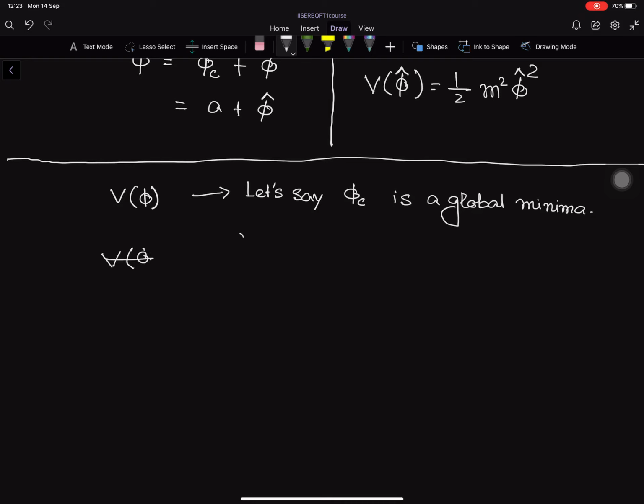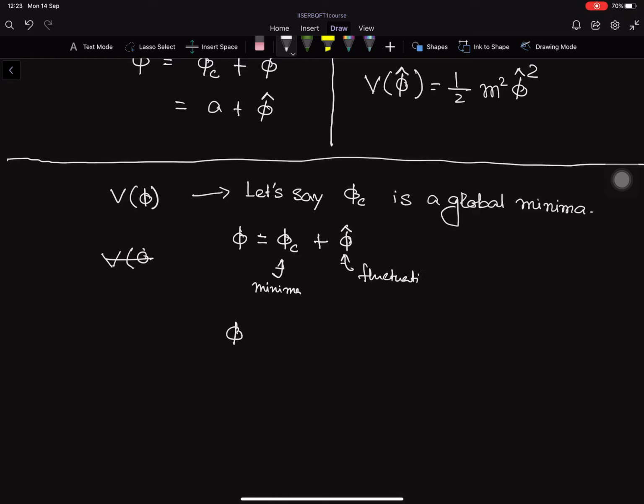So we write phi is equal to phi c plus phi hat, where phi hat is the fluctuation.